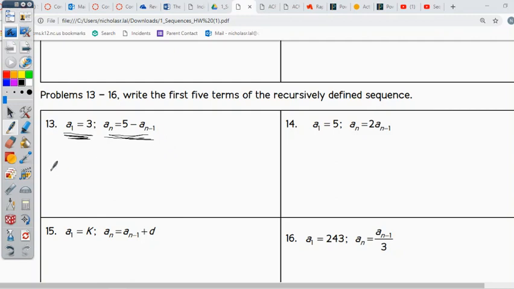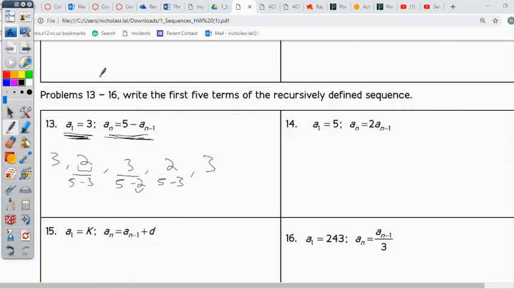So if the first term is 3, the second term would be 5 minus 3, which is going to be 2. 5 minus 2 is 3. 5 minus 3 is 2. 5 minus 2 is 3.